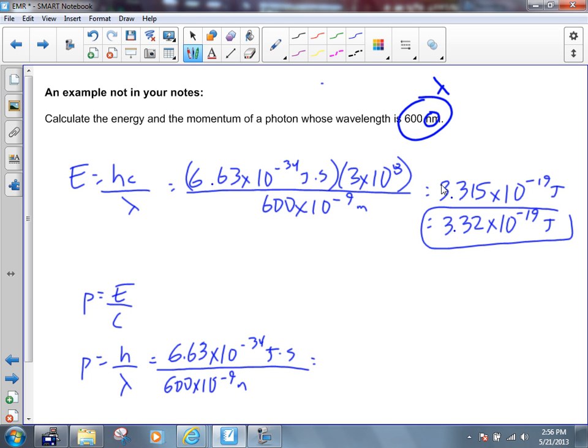When we do the math on that one, we end up getting 1.11 times 10 to the minus 27. And as odd as this seems, our units are going to be kilograms meters per second. We've got a particle with no mass, but its momentum is measured in kilograms meters per second. So either equation for momentum will get you that same answer, whichever one you prefer.